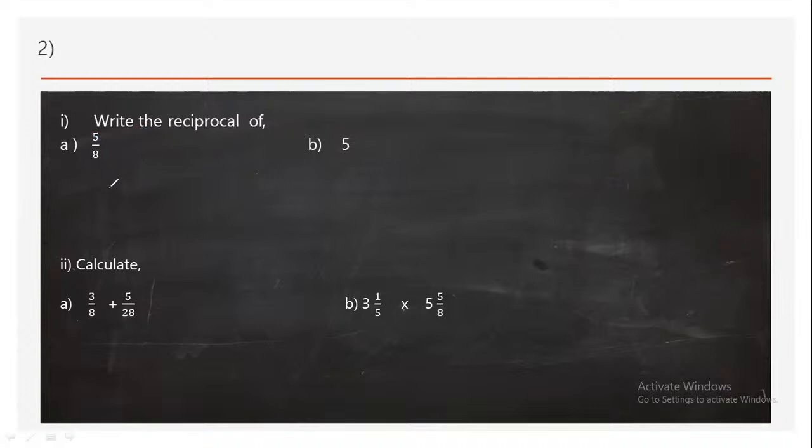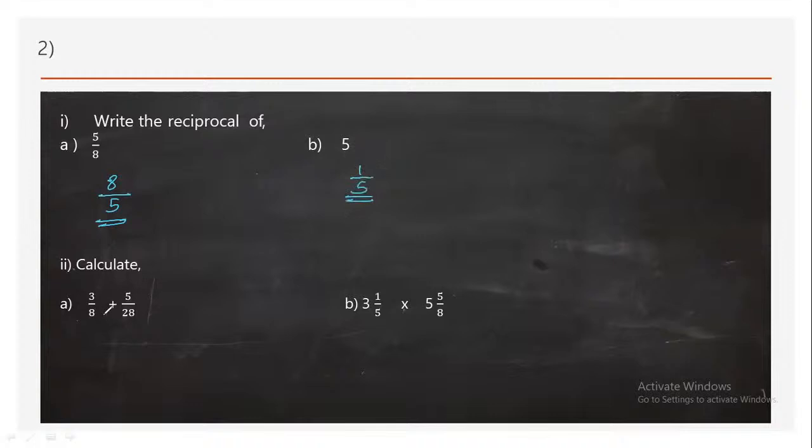What about the reciprocal of 5? If you multiply 5 by 1 over 5, the 5 and 5 cancel out, and the answer is 1. So the reciprocal is 1/5.